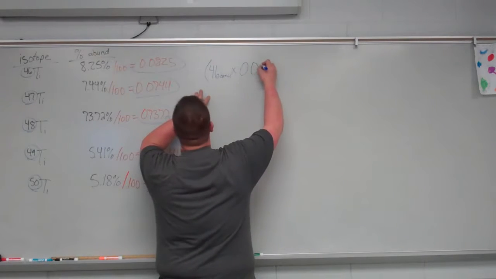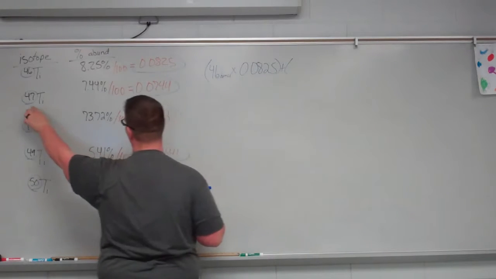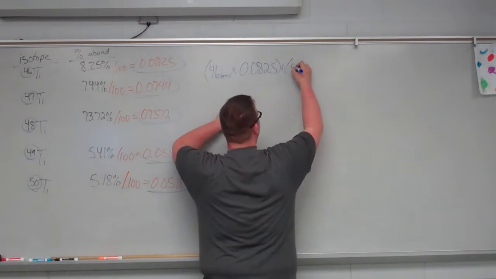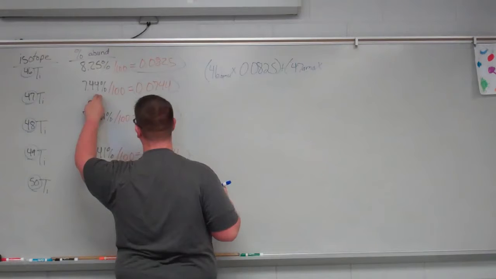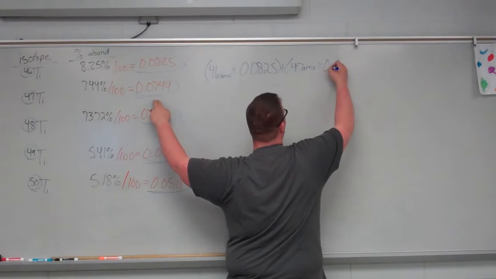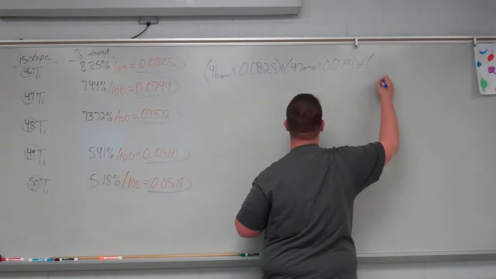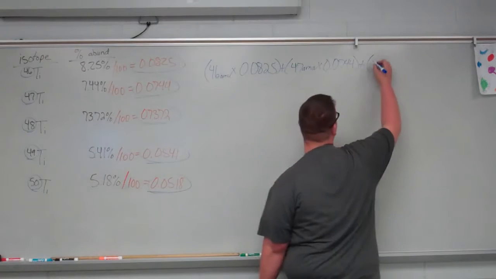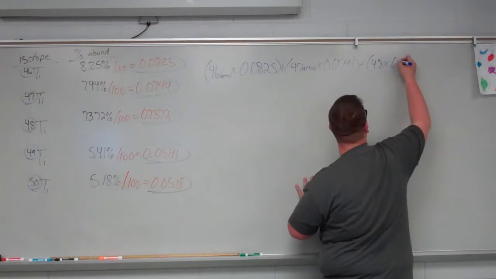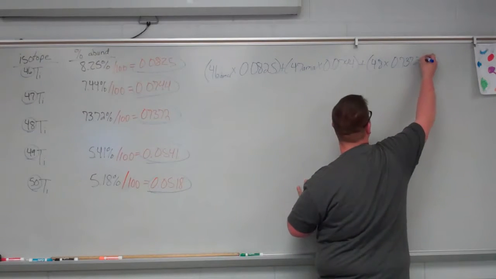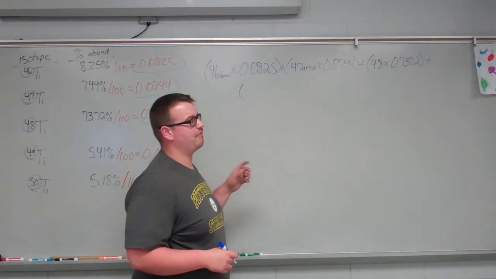So 0.0825, and then we're going to add the next one, 47 atomic mass units times the corresponding percentage that goes with it, 0.0744, plus 48, the next mass number, times the corresponding 0.7372, plus, I'm just going to continue this down because I don't have enough board space to write it out.